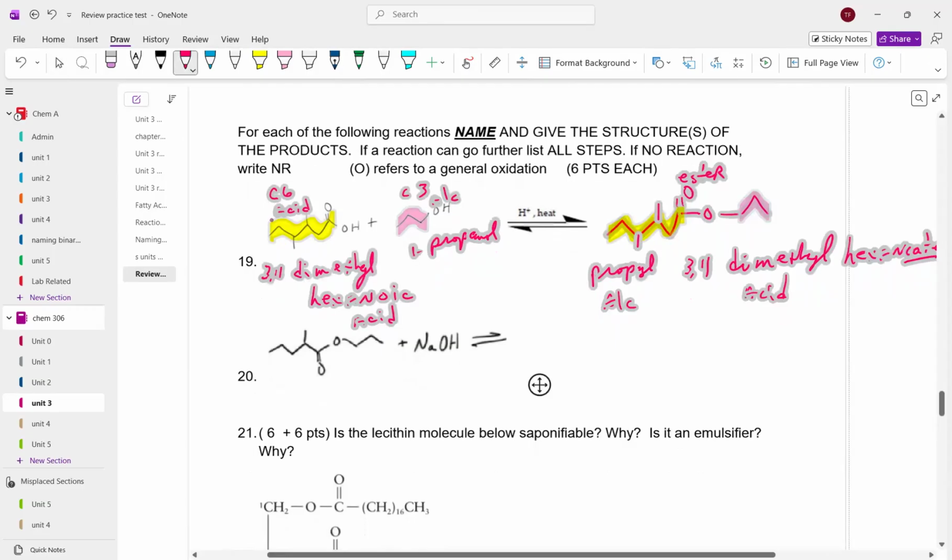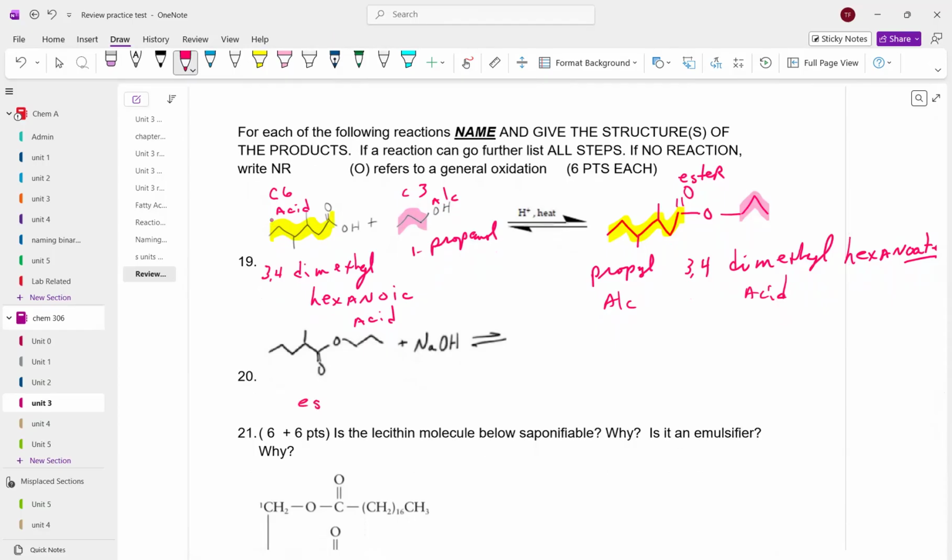Okay, so here we have an ester, alkaline environment. Esters in alkaline environments are called saponification. Yes, you do.